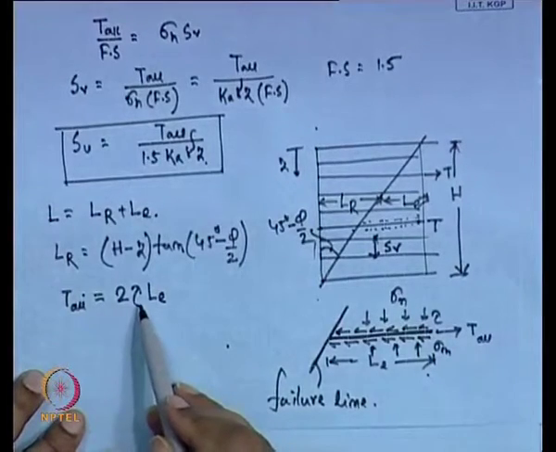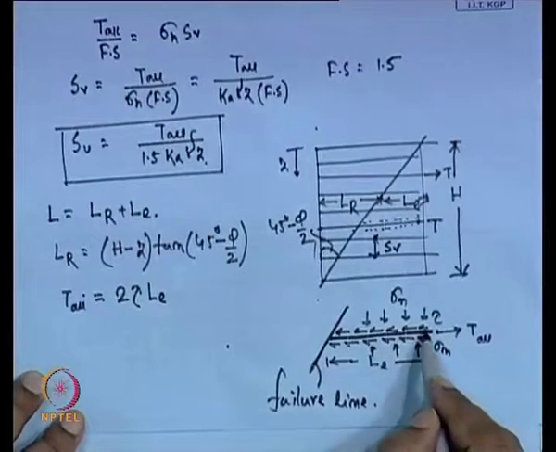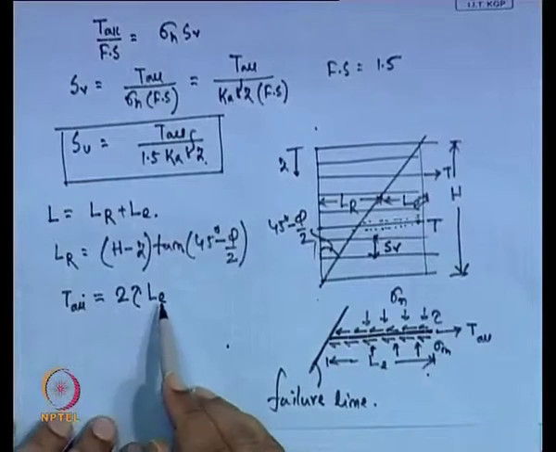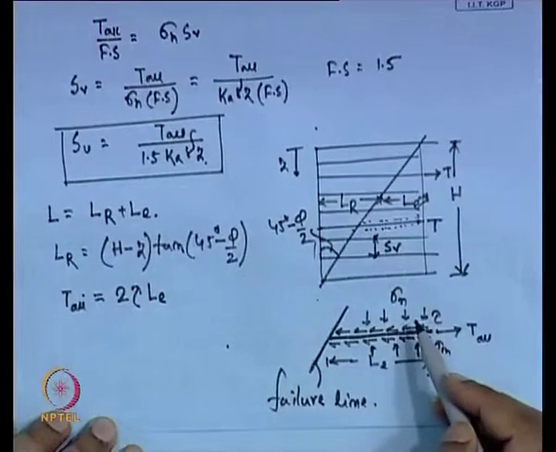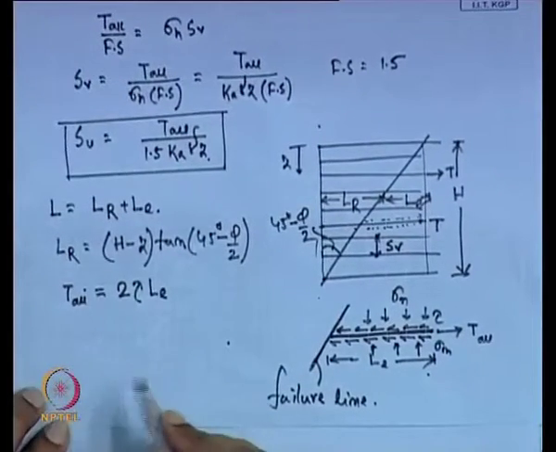Tau is the shear stress which is acting opposite to the direction of T. So, tau into L e into 2 is equal to T allowable, as this is acting on both sides. Now, how will we get the tau?